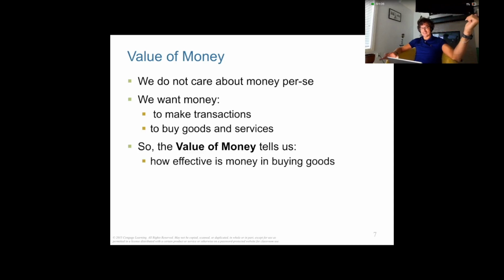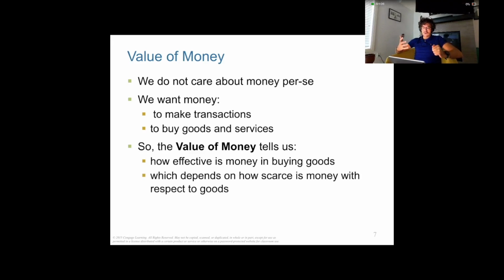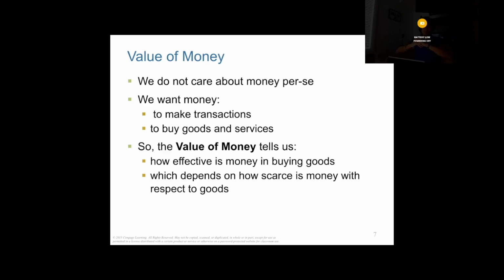So the value of money tells us how effective these fancy coupons called money are in order to buy goods and services, which depends, of course, on how scarce money is with respect to goods. So at this stage we can inherit whatever we learned from microeconomics in order to understand the value of money, in particular the transactional value of money.